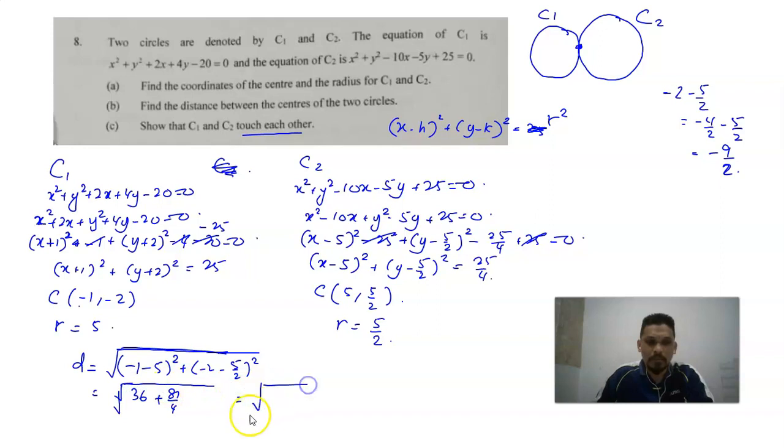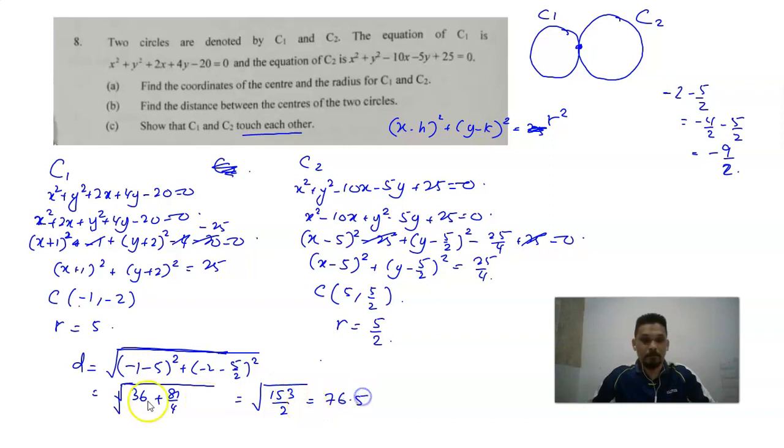Equal to the square root of, okay, what about this one here now? 36 plus 81 divided by 2, 153 divided by 2, which is 76.5.